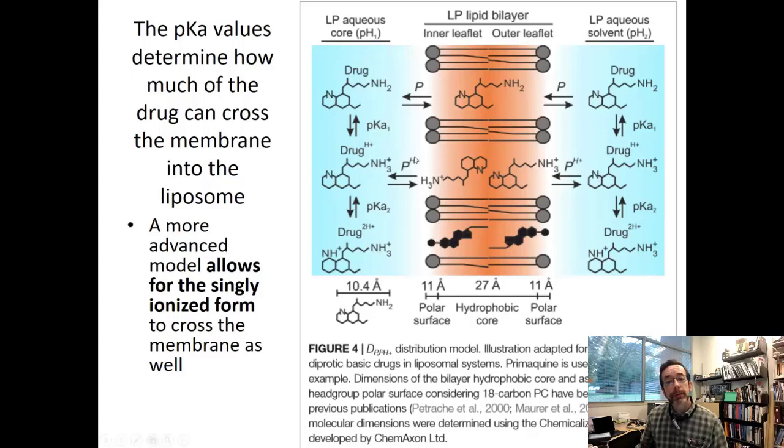It's going to be hard for that single charge to get across the membrane, but it will be able to dissolve in the membrane. And so you should account for that being able to cross and partition across the liposome as well. They're adding that reaction into their modeling.